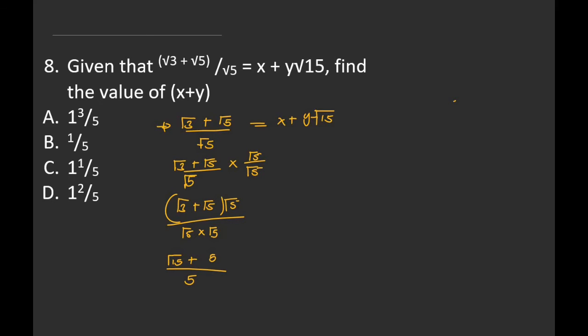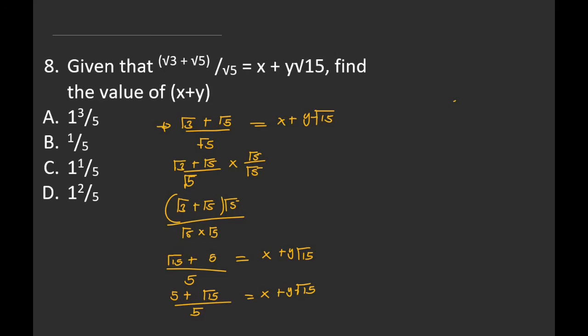Now still this is equal to x plus y square root of 15. We can also write this as 5 plus root of 15, all divided by 5, equal to x plus y square root of 15.